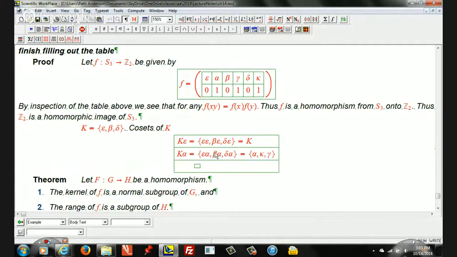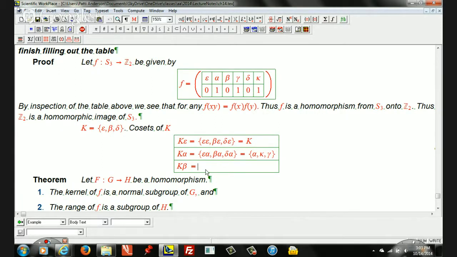Okay? And then the next one we check would be with beta. But remember, epsilon beta is beta. Beta beta is what? Epsilon. And delta beta? Beta.